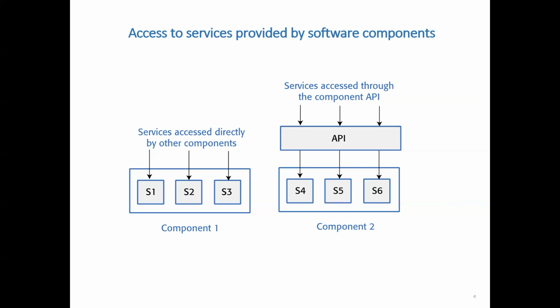Other components don't need to know how the services are implemented, just how to interact with them. This creates looser coupling and makes future updates or changes inside the component much easier to manage. So as we move into modern architectural practices, API-based access is generally preferred for its flexibility, security, and maintainability.